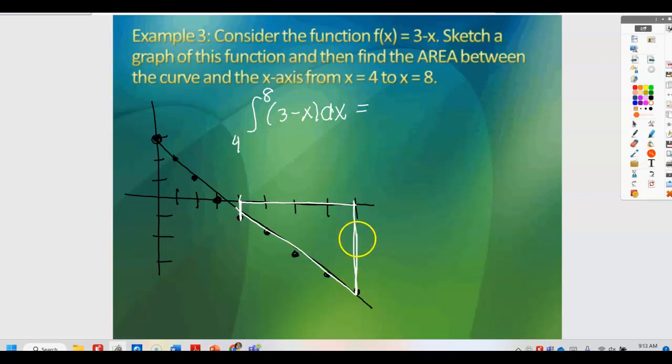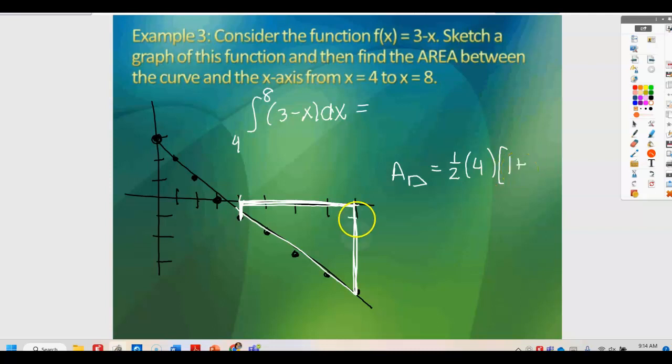Here's your base. Here's your other base. Here's your height. So the area of that trapezoid is 1/2. Remember, my height is this piece here, so it's 4 units high. And my little tiny funky base has a height of 1.